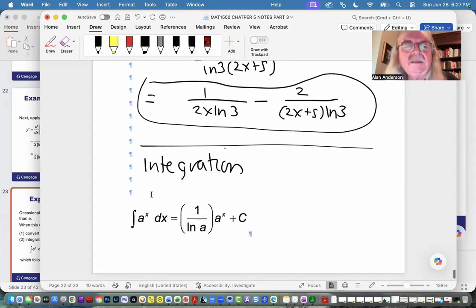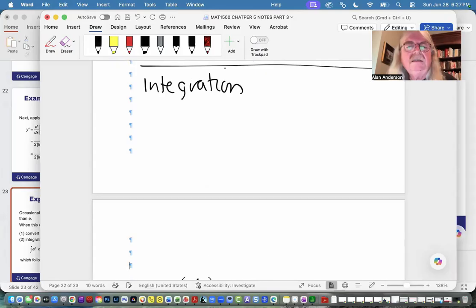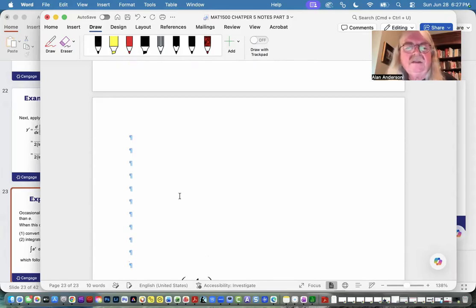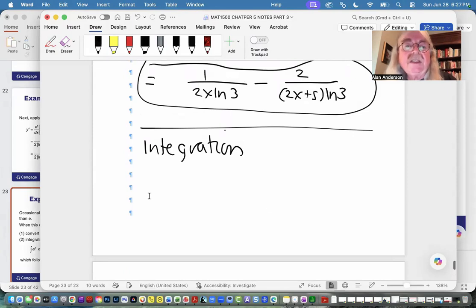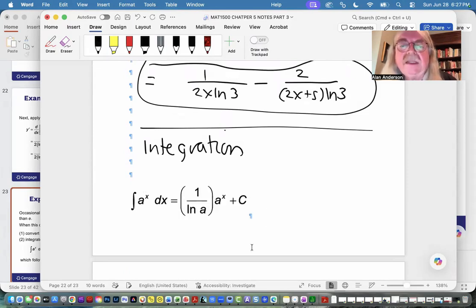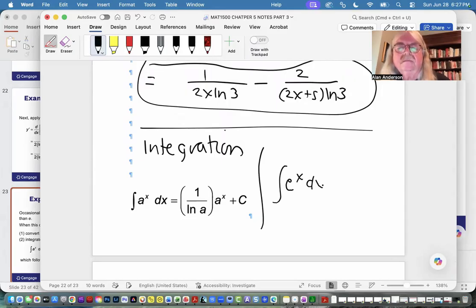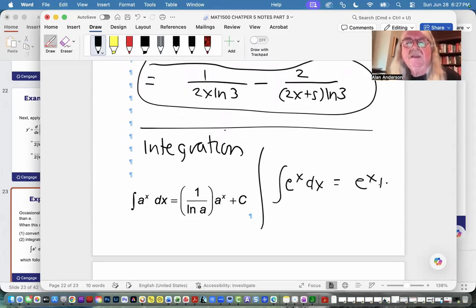Oh my God, look at that mess. Actually, let me do something here. But again, you'll see if you replace the A with an e, it's the same thing. It's just that the log of e, if that was an e, it would be one. So that's why it is the same thing. This is e to the x as a special case.